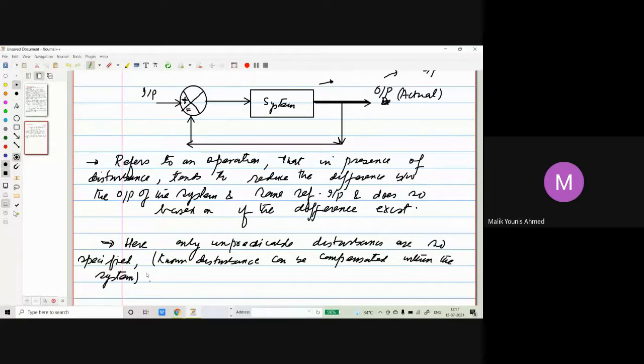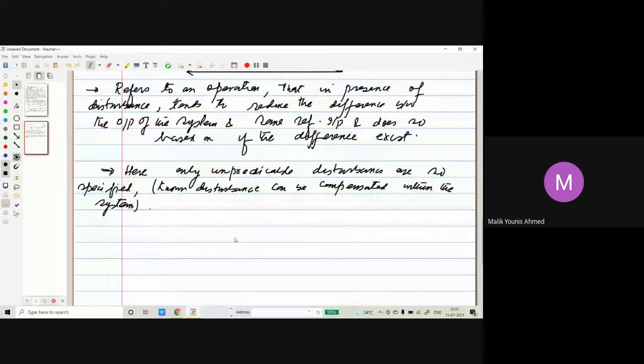If known disturbances are there, like probabilistic disturbances, internal disturbances, scaling of piping, those examples I have given, then we make sure that while we are designing the control system, we already make some arrangements to compensate those types of disturbances. So we are talking about feedback control system for the unpredictable disturbances, which we are not anticipating.